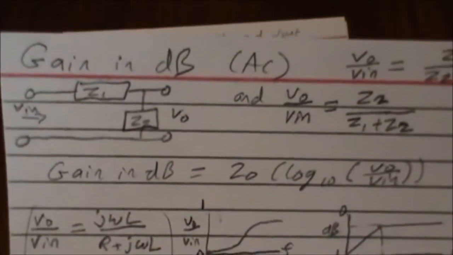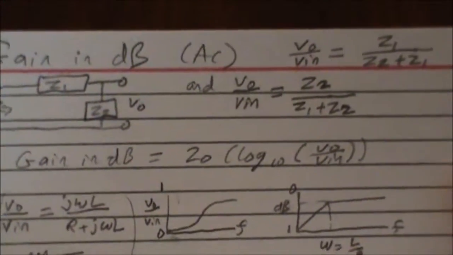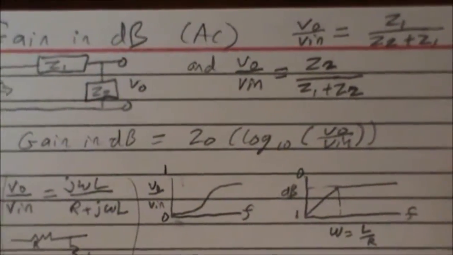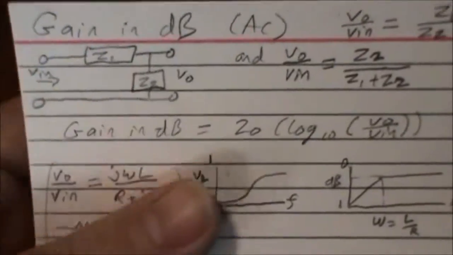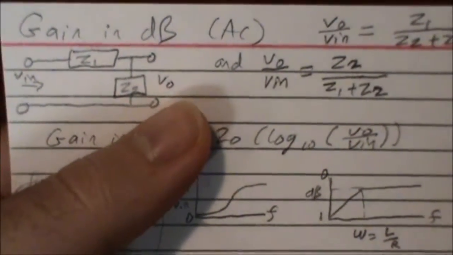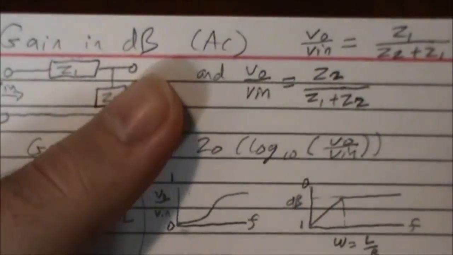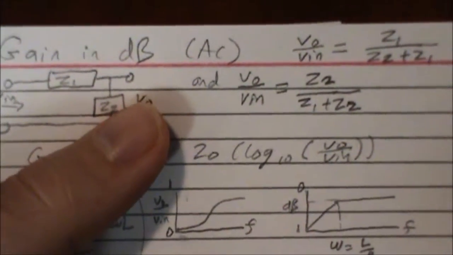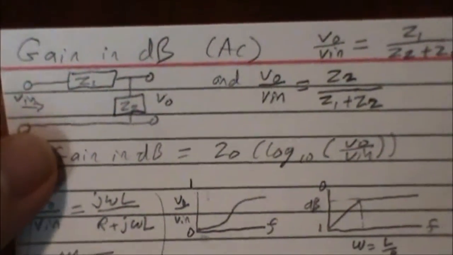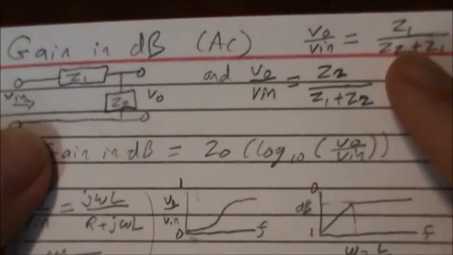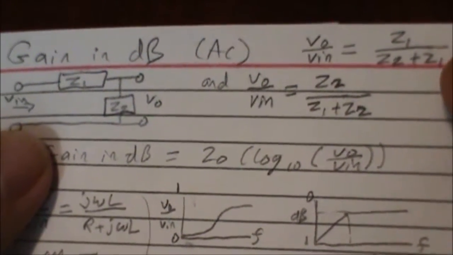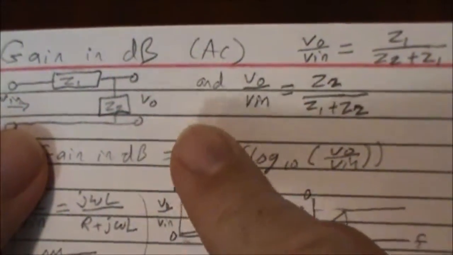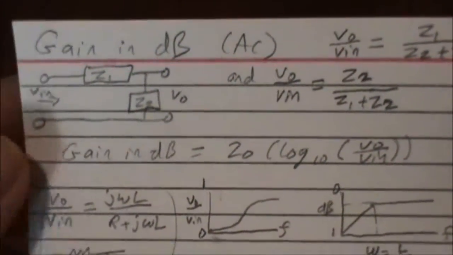Yes, just like sound decibels, but this is electrical gain, is V out, how many volts you get out, divided by V in. It's simply a ratio. So here's V out across that resistor or capacitor or inductor, divided by your V in. V out over V in is also equal to your first impedance, the one going across the top, divided by the sum of the two impedances.